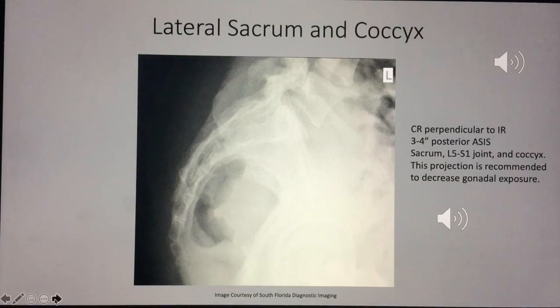This is the lateral sacrum coccyx of the actual patient, and you can see that it is not fully a true lateral, because if you look at L5 and the distal part of L4, they have a little bit of rotation.